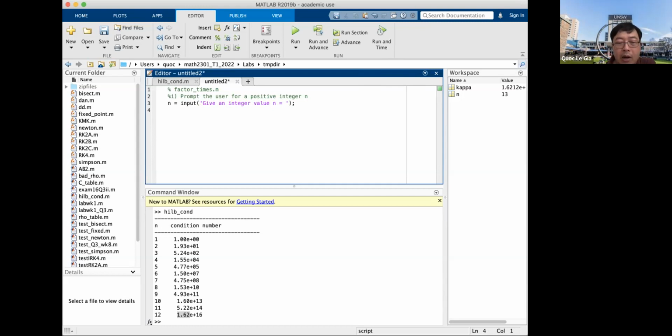And then construct an n by n positive definite matrix of the form A equals alpha I plus B transpose B. So alpha could be any number.